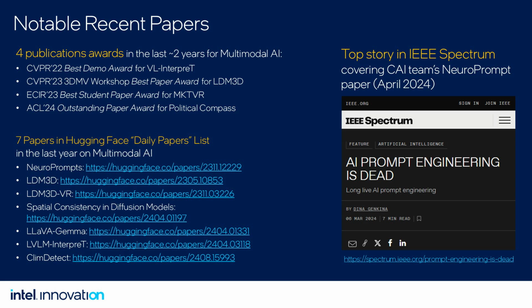And earlier this year, one of our papers, which was called Neuroprompt, which was focused on how we can automate prompt engineering for large language models, was featured as the top story in IEEE Spectrum, showcasing how LLMs have really progressed to the point that a lot of prompt engineering that's required for getting the best results out of LLMs can be automated. We can train LLMs in a certain way to do that kind of prompt engineering.